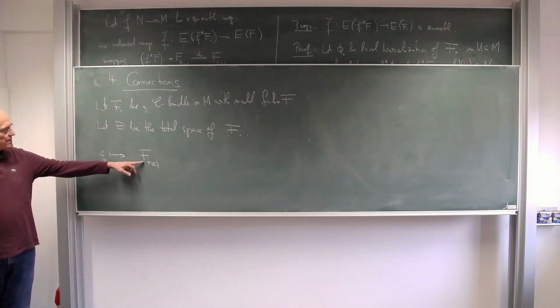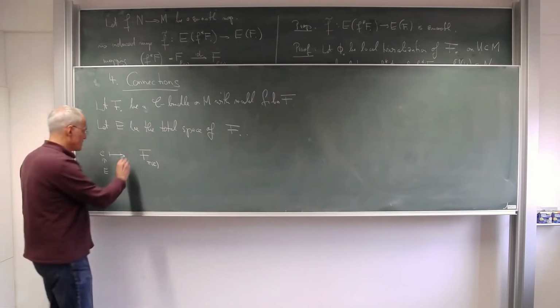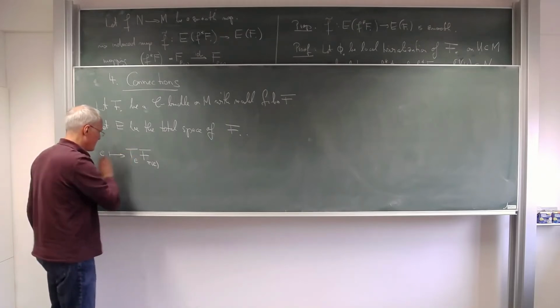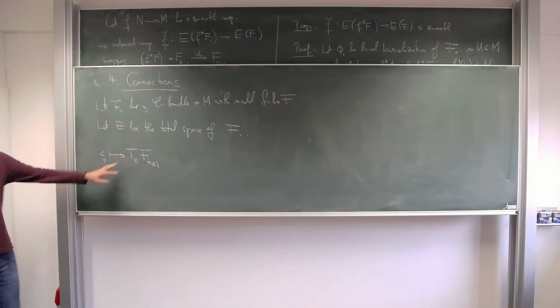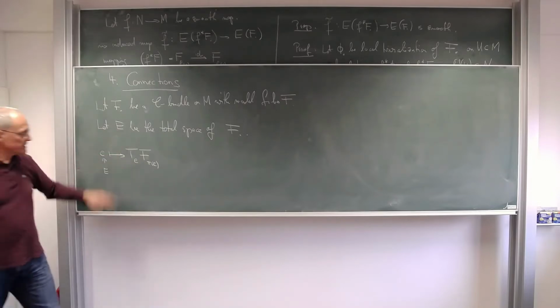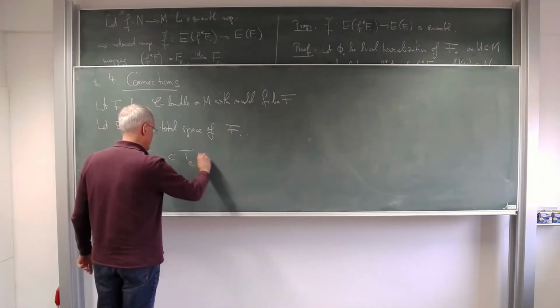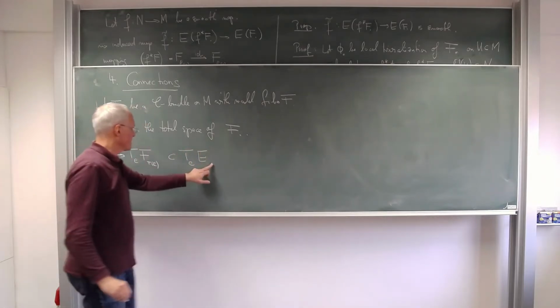And this is a submanifold of the total space. And so we can look at its tangent space. Then this is a subvector space of the tangent space of the whole total space. So that's a subvector space of the tangent space of E.